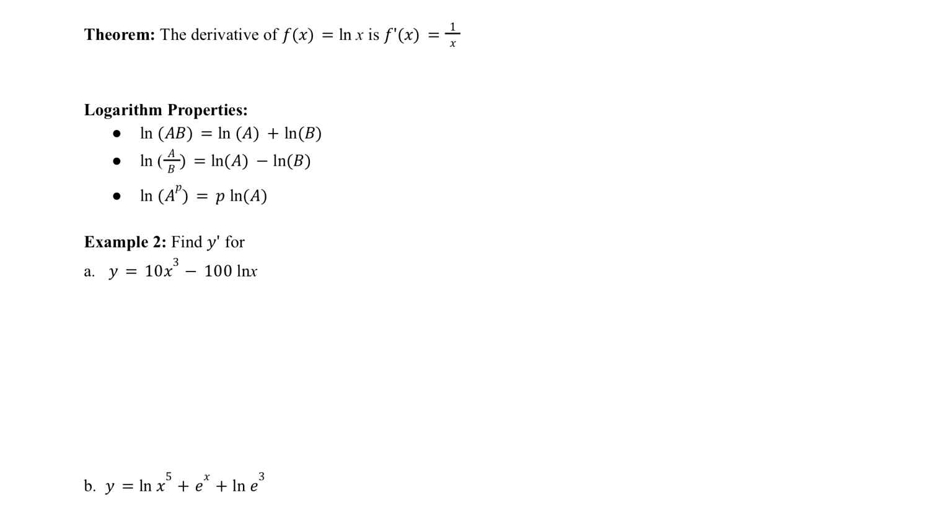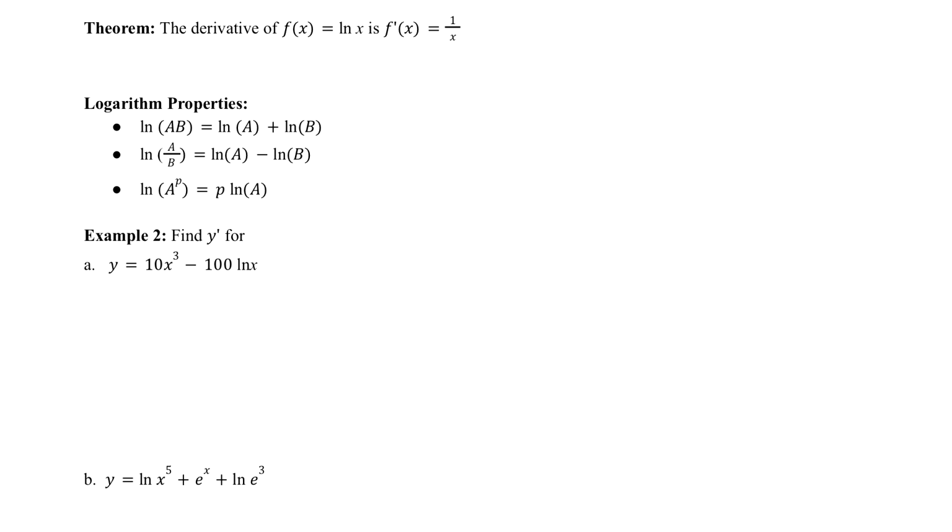For our first example, we have y equals 10x to the third power minus 100 natural log of x. When I go to find my derivative, y prime, the derivative of 10x to the third is just a regular power rule, so that'll be 30x squared. Here's where the new stuff is happening: minus 100 times natural log of x.